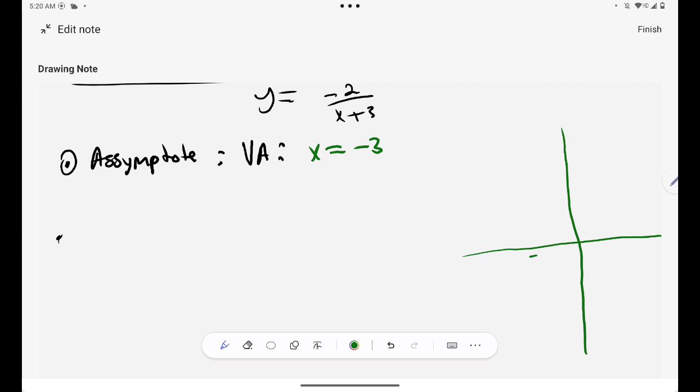So negative 3 is here. So that's where you'll find your asymptote. Like this. And then for horizontal asymptote, in this case y is 0. Are we together? The x-axis and this line are your asymptotes.